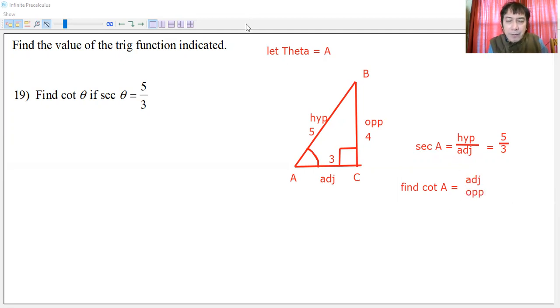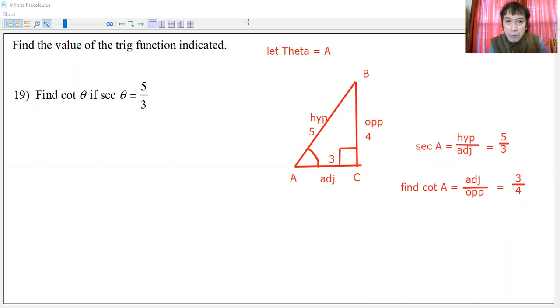So our adjacent is 3, our opposite is 4. So our answer is 3/4. So this is equal to 3/4 there. And then we put the division for our final answer.